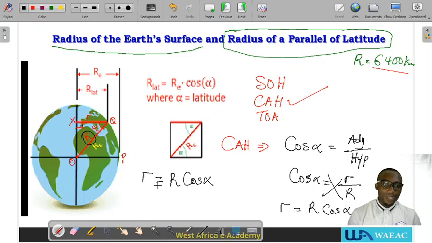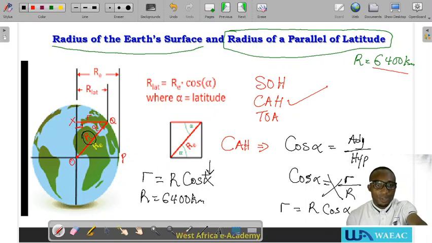So our big R is 6,400 kilometer. It's constant. And our small r is big R cos alpha. So after you know the angular difference, look at the calculation we did the other time.